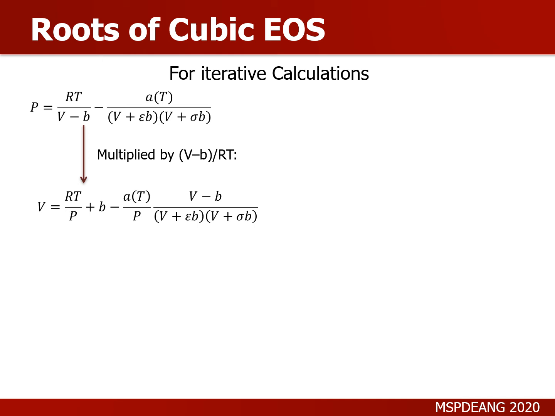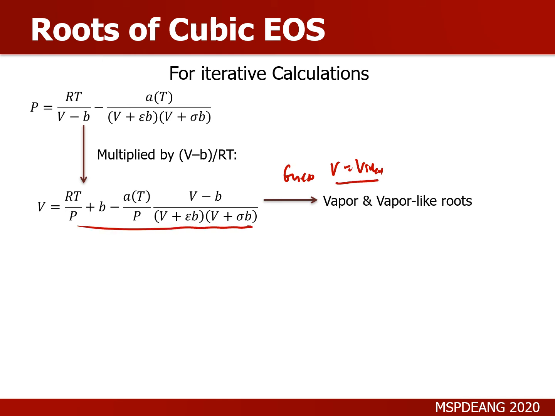And this will give you your vapor and vapor-like root. Start from an initial guess: guess V is equal to V ideal on the right-hand side, similar to our iterative temperature calculations. Then get a new value of V and iterate until it converges. This is what you will do for the vapor and vapor-like root.